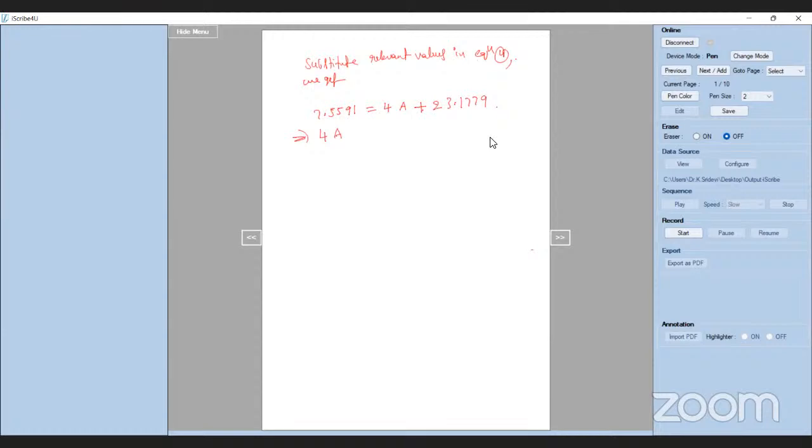From this we get 4A is equal to 7.5591 minus 2 into this value. 3.1779 into 2 is equal to 6.3558. So what is this value?